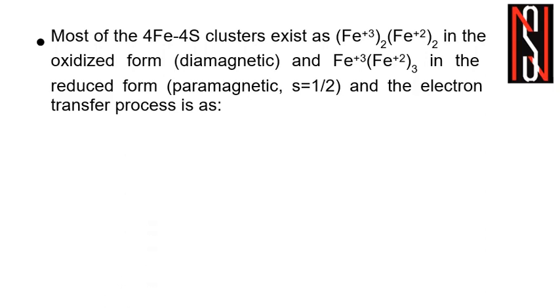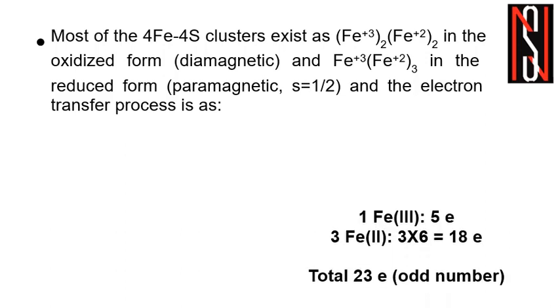But when you consider the reduced state, with 1 iron in +3 oxidation state and 3 iron in +2 oxidation state, that will not be an even number. So ultimately it will be paramagnetic in nature due to the presence of one unpaired electron, and the total spin will be +1/2.